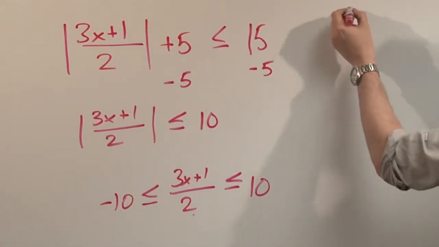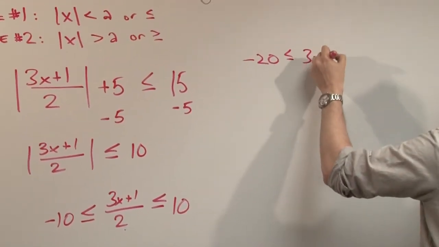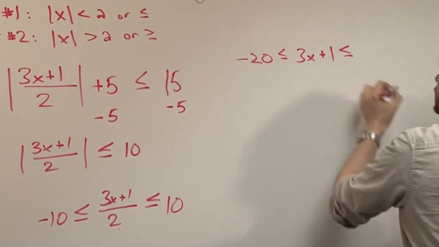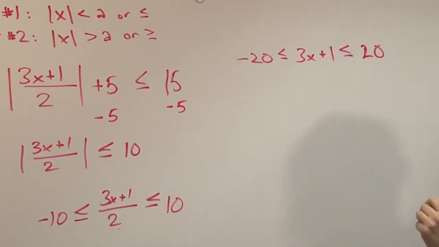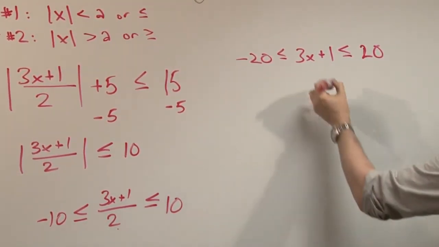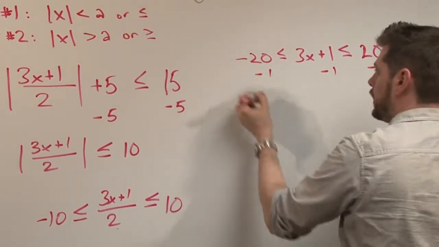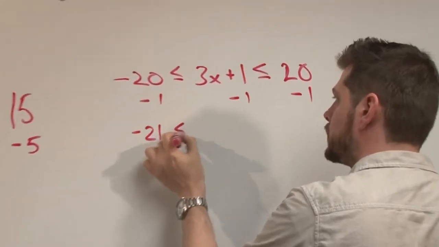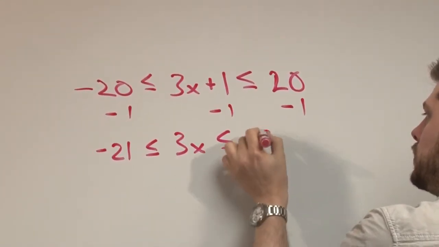When I do, I get negative 20 is less than or equal to 3x plus 1 is less than or equal to positive 20. Now, subtracting 1, I have to subtract 1 everywhere, and I get negative 21 is less than or equal to 3x, less than or equal to 19.